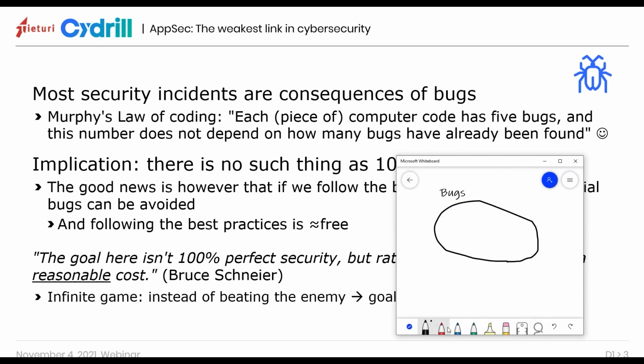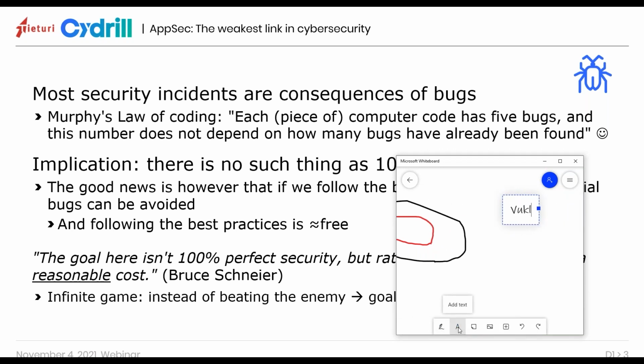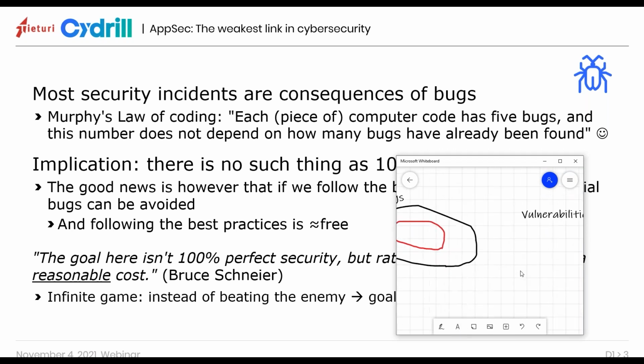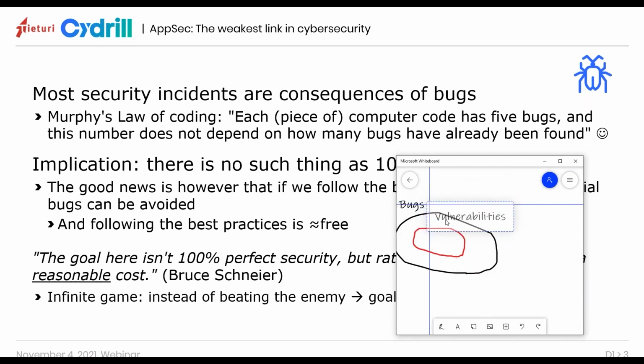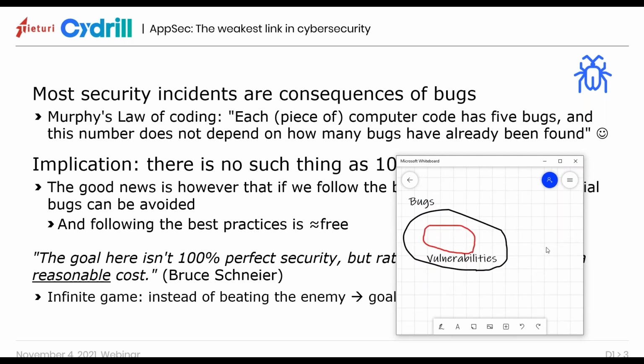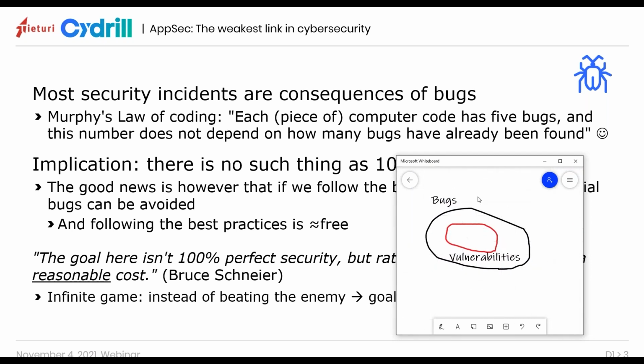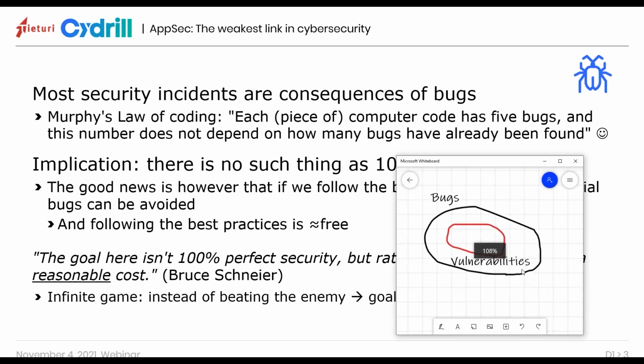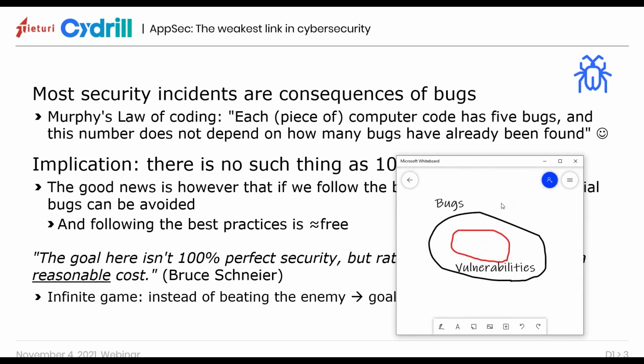A subset of these bugs, I'm going to draw a different sort of oval here in the center, and let's call this one vulnerabilities. Now, a vulnerability is, at its heart, a software bug which is exploitable in some way to the attacker's benefit and, of course, to our detriment.